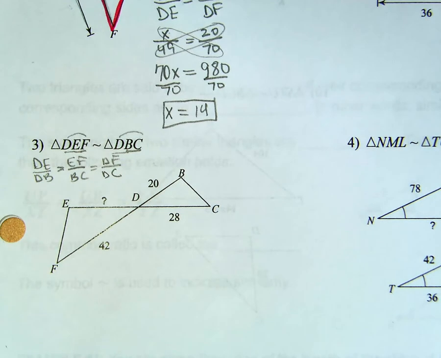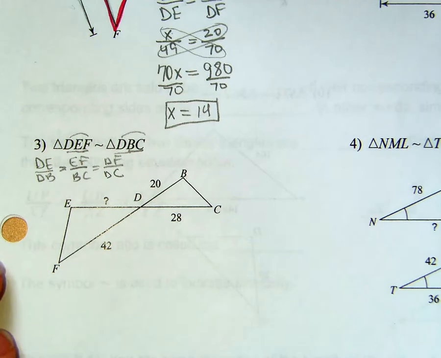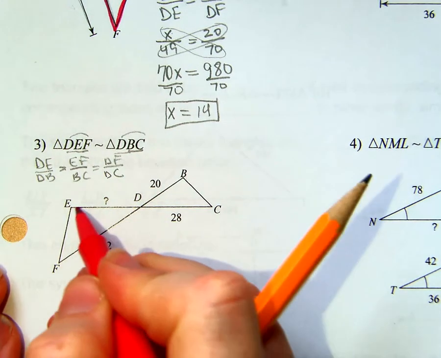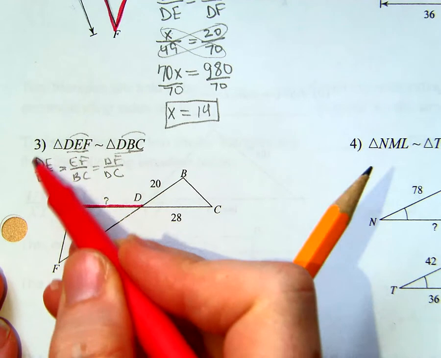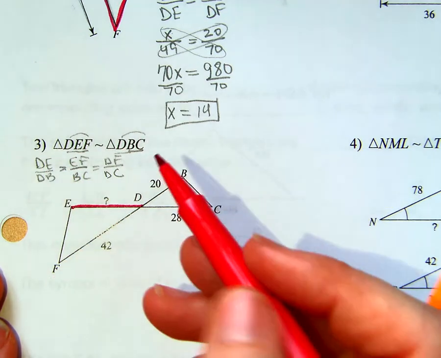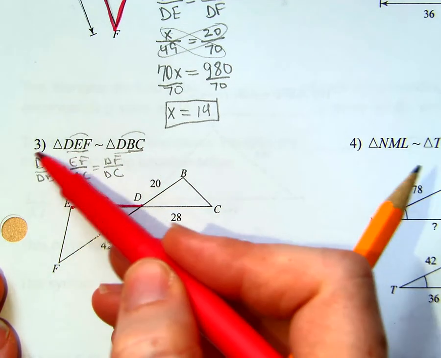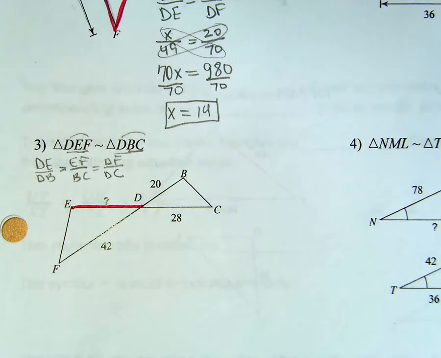Okay, and I can use two of these. I obviously don't need all of them. What I do need to solve for is ED. ED is my unknown, or DE, that's how I have it written here. So I do know that I need to use the one that has ED in it.